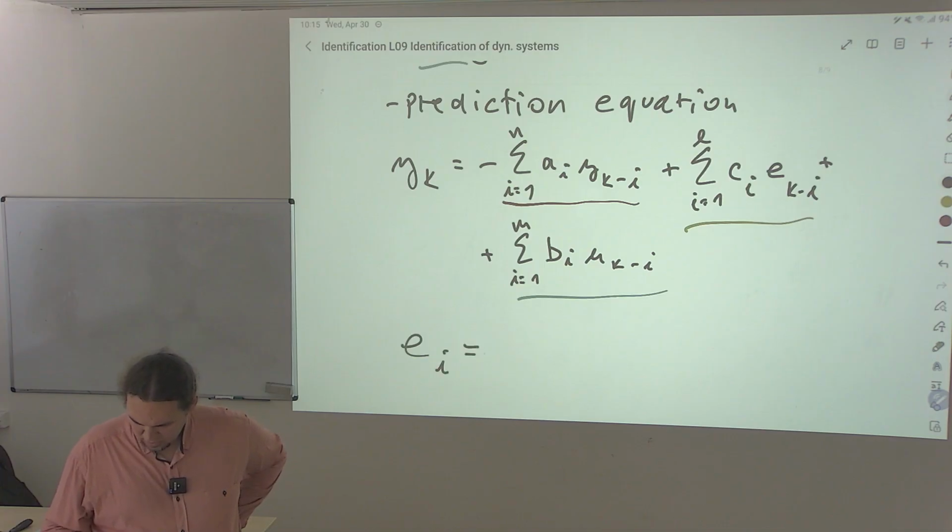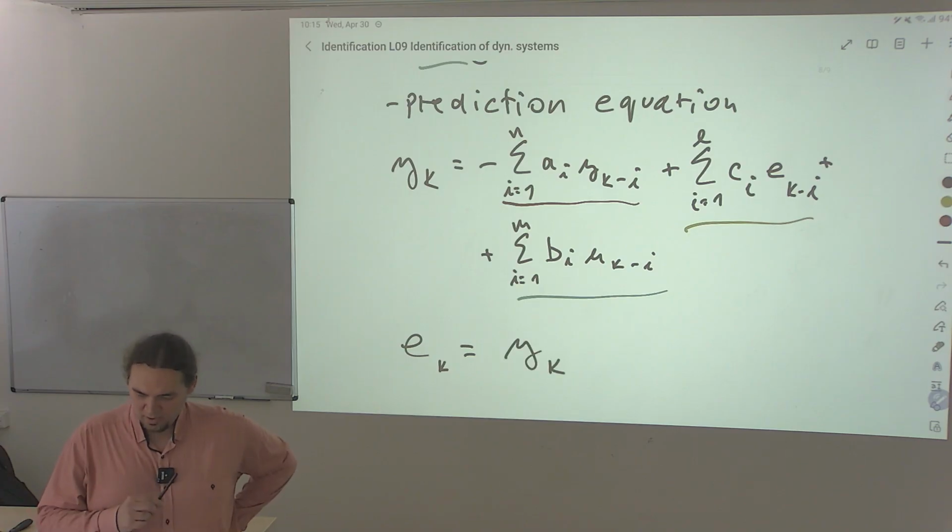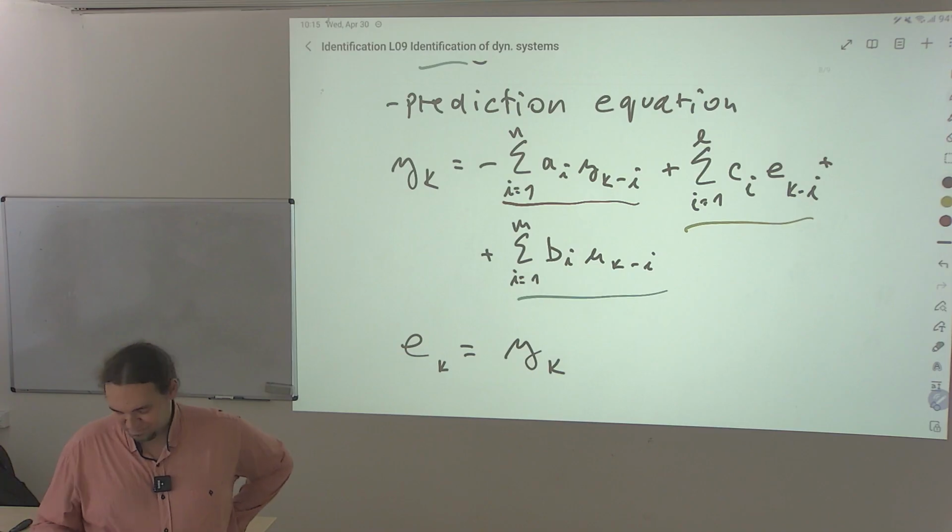How does this error look like? This error is trying to repair the model.